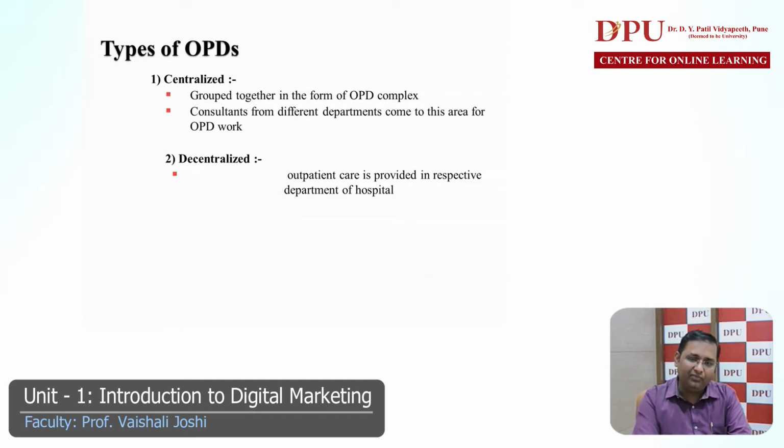Suppose I am suffering from hypertension, and my hypertension is related to renal problems, then the cardiac consultant may directly refer me to the nephrologist who is available just outside of the OPD premises. His OPD might be very closely associated with the other OPDs, and there I will get a quick reference and a quick treatment. So these are the advantages of the centralized OPD.